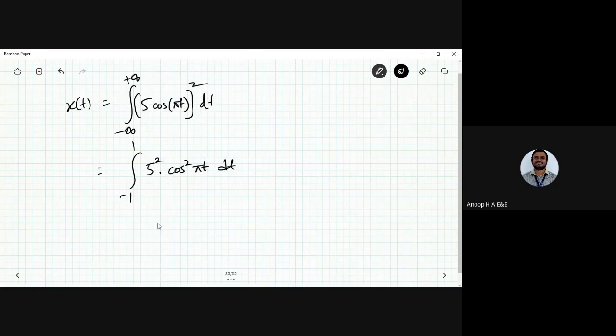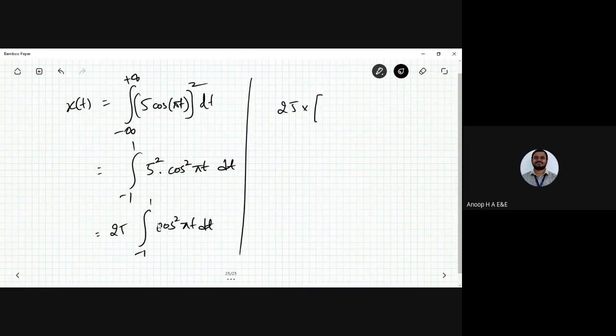We can take 25 outside, so that is 25 times the integral from -1 to 1 of cos squared pi t dt. You have to evaluate these limits.